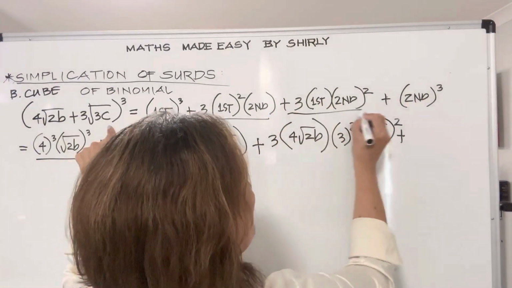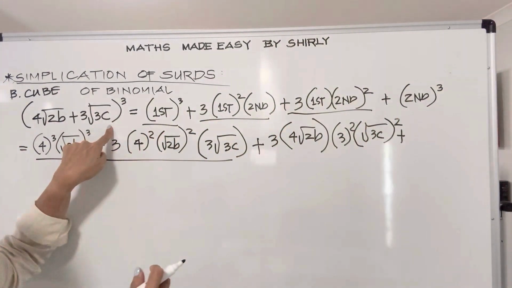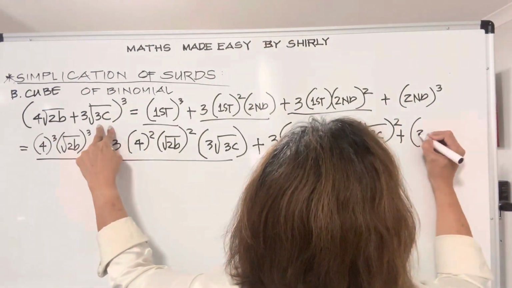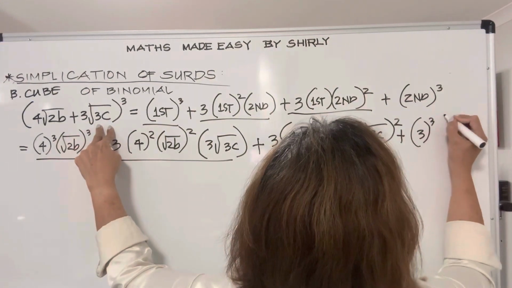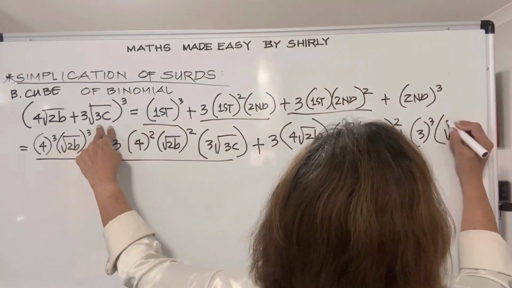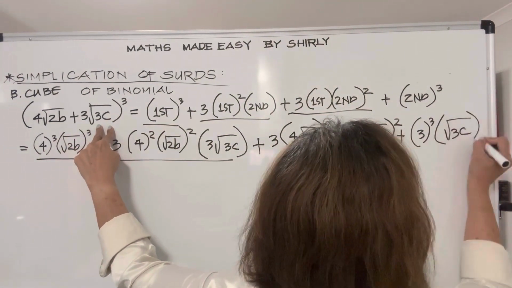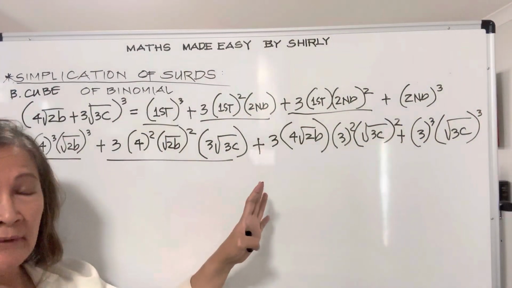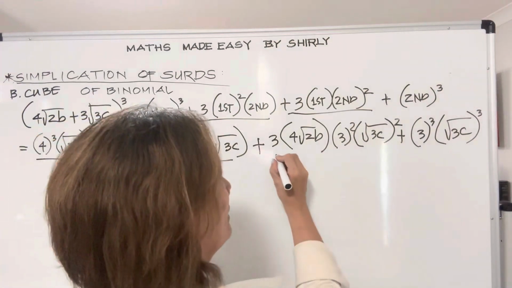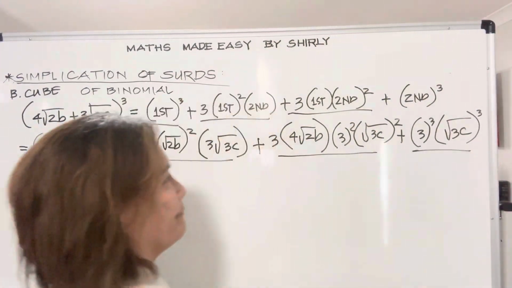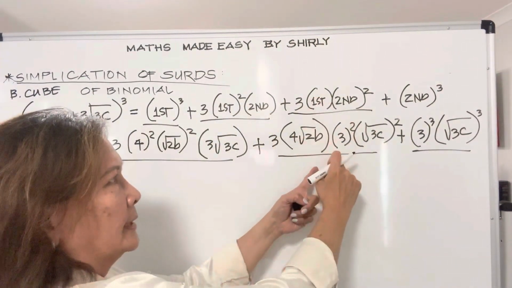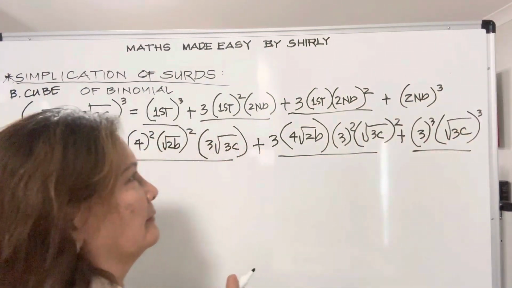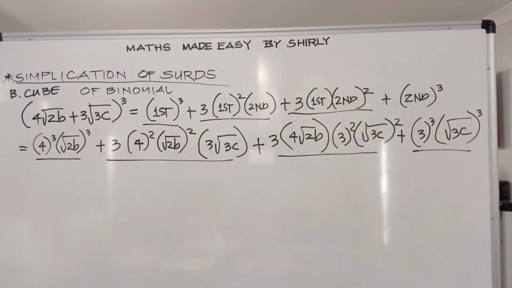So we are now finished with that. We have next the cube of the second term. So we cube 3 and we also cube the square root of 3c. Okay. We really need to be very, very careful, okay? So this is for the third term and this is for the fourth term, following the rule.